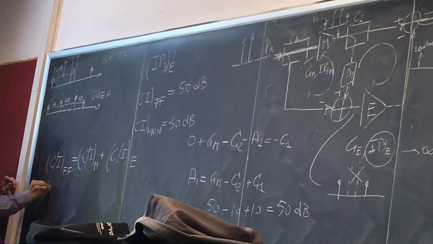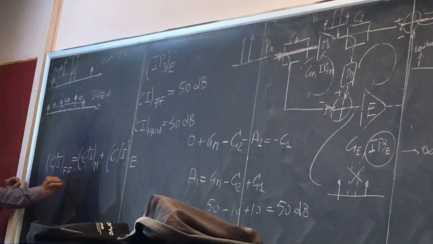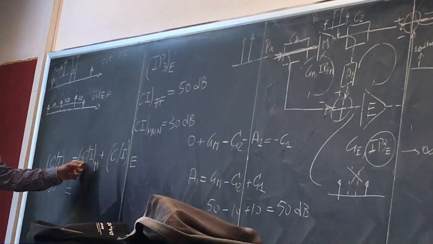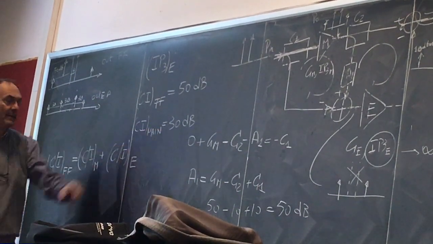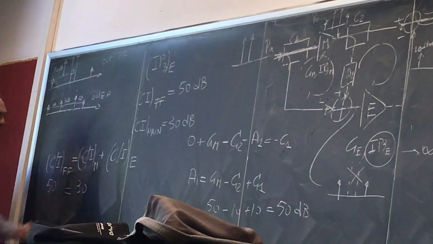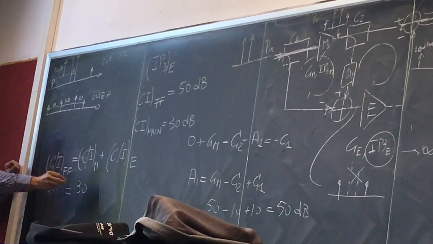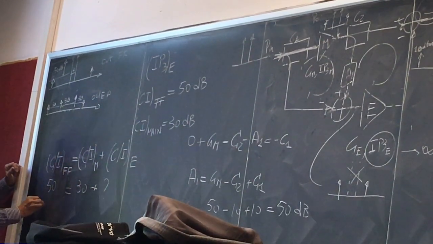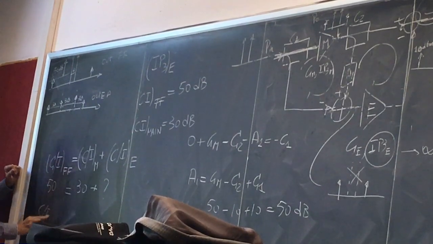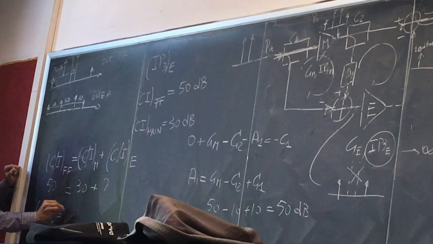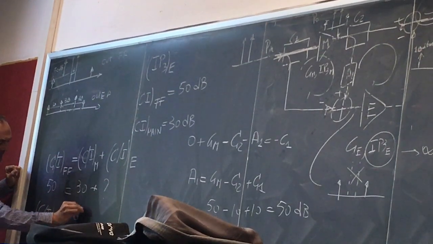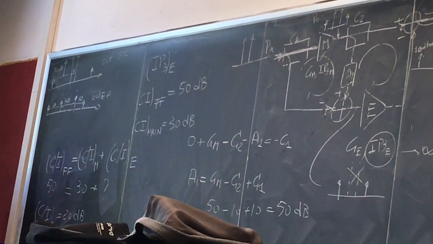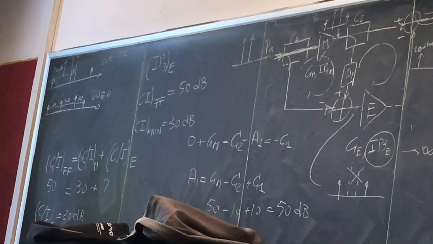Here we have 50, equal to the carrier to intermodulation of the main amplifier, which is 30. This means, from this equation, that the carrier to intermodulation of the error amplifier must be 20 dB. Very easy.